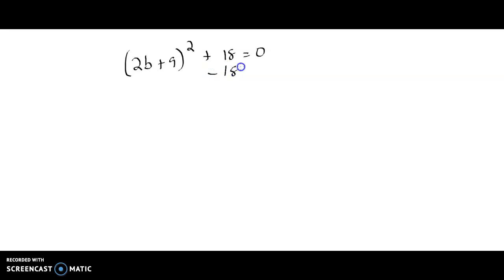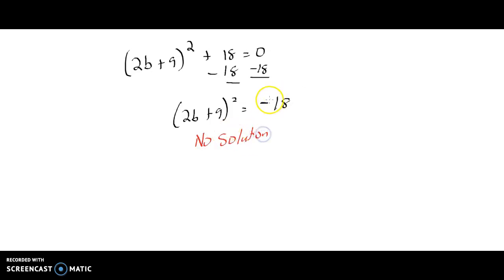So we're going to subtract 18 from both sides. And I'm going to write this as 2b plus 9 squared is equal to a negative 18. This problem now becomes a no solution. And the reason why it is a no solution is because we have this negative sign here, and we're unable to take the square root of a negative number. Therefore, there isn't going to be any solution for it.